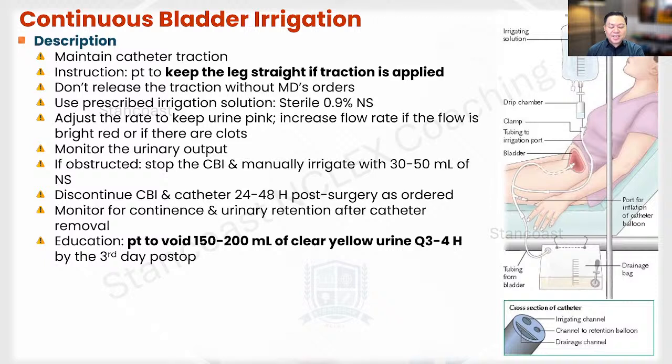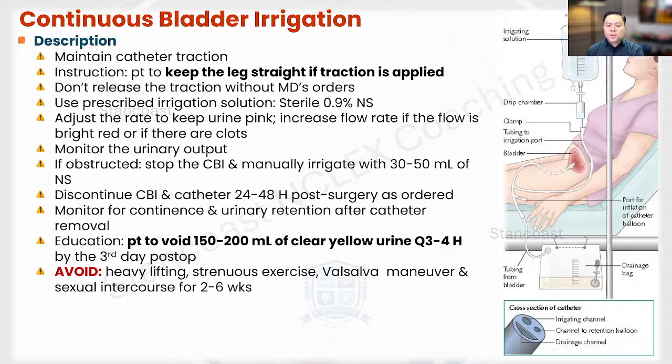So this is actually going to encourage the patient to achieve that goal. Make sure that they take in adequate amounts of fluids orally so that they can urinate every 3 to 4 hours. And this is going to prevent bladder distension and also reduce their risk of urinary retention. Okay, and also to avoid the complications.